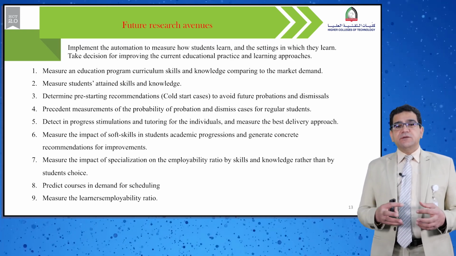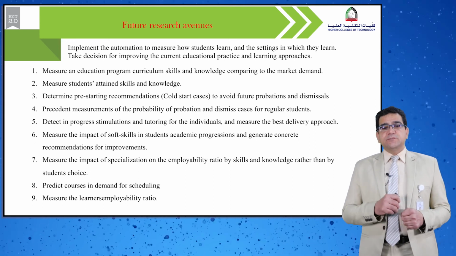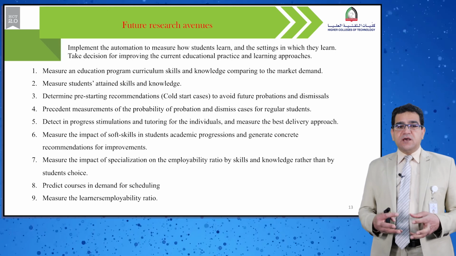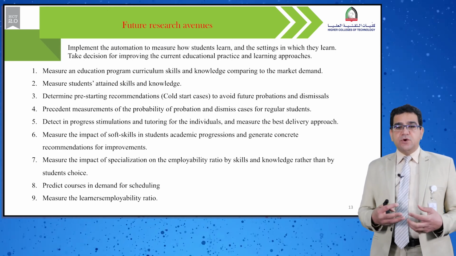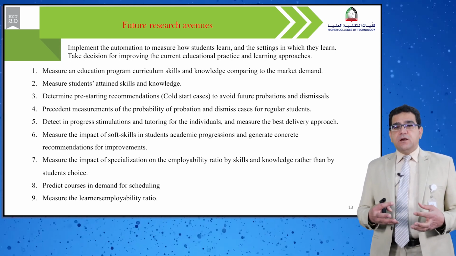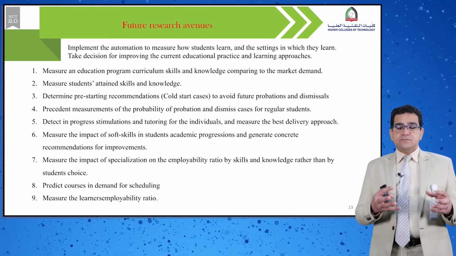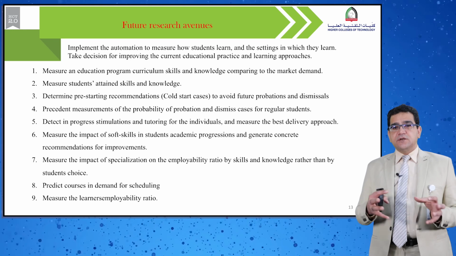We need to measure the impact of specialization on employability ratio by skills and knowledge rather than by student choice. So it's not only giving the student a free hand to choose the program without considering their knowledge and the skills.